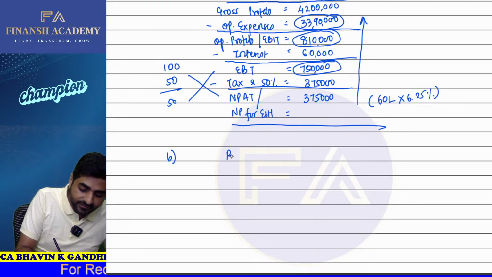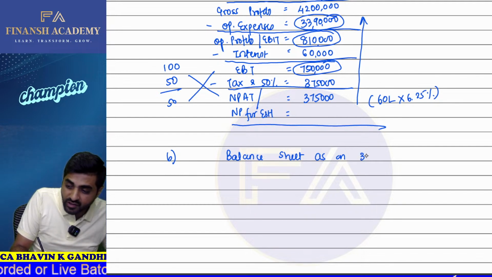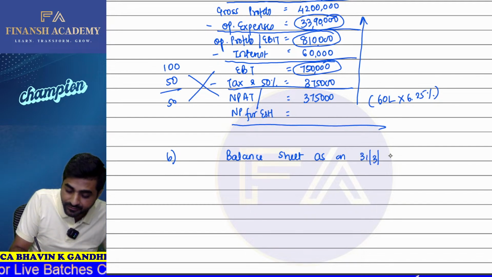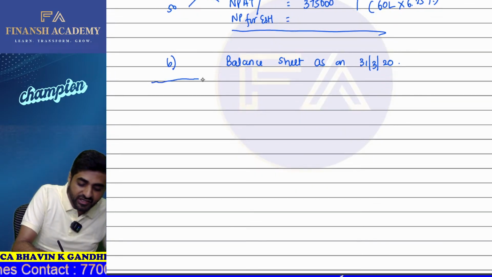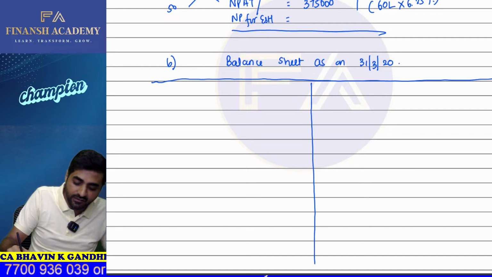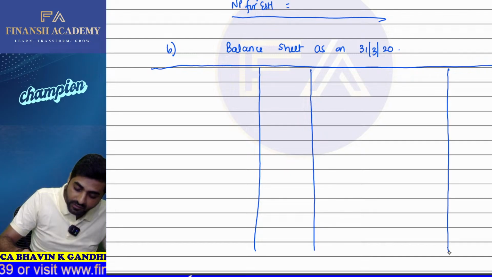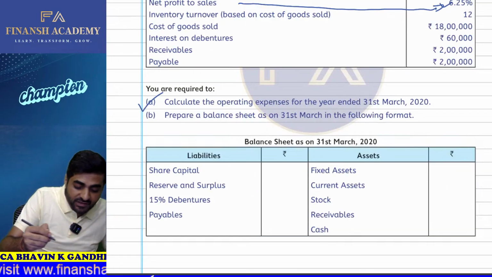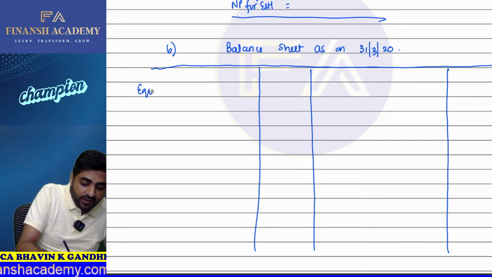Balance sheet as on 31st of March 20. So, let us prepare the face of the balance sheet first, in which there will be items like the first item which we have here, your share capital, also known as your equity share capital.